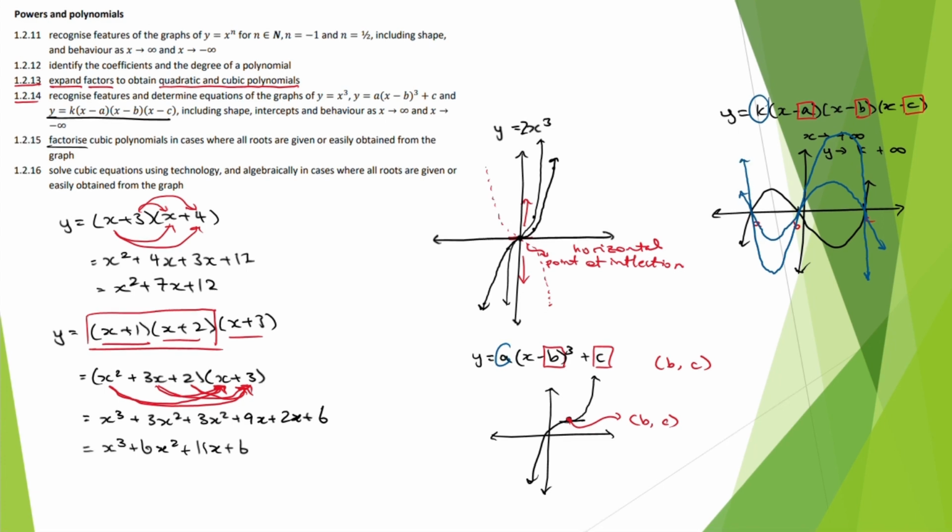Sorry, a does have some effects on dilation, but it's different to k. This is more like a k value here, because it acts as the coefficient of your x cubed. In the case of expanding this, your k and your a will assume slightly different values and be distributed across slightly different values.